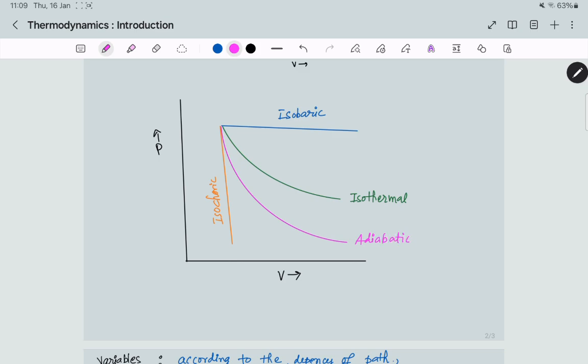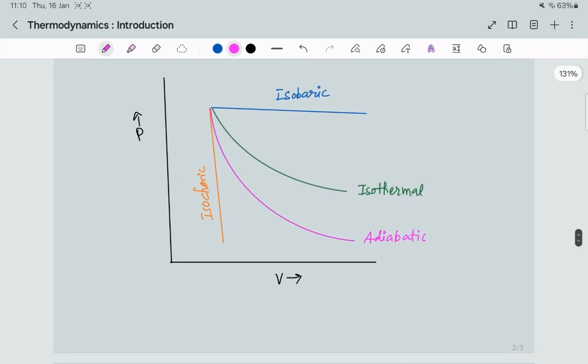Clear? In one graph, if we have to explain or remember, that will be our entire graphical representation. Clear, everyone?